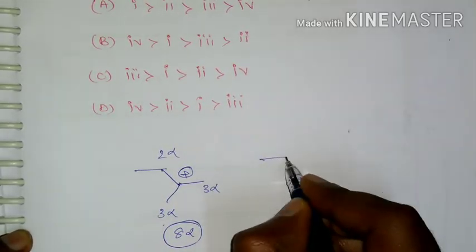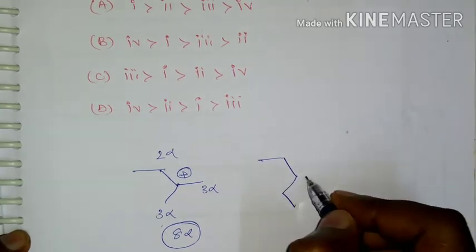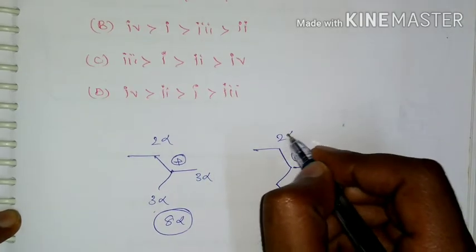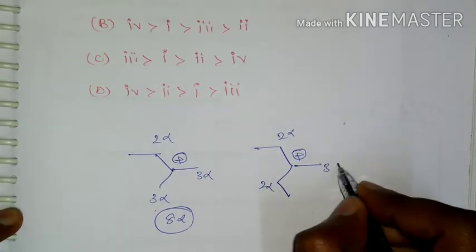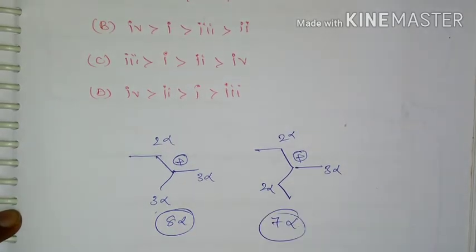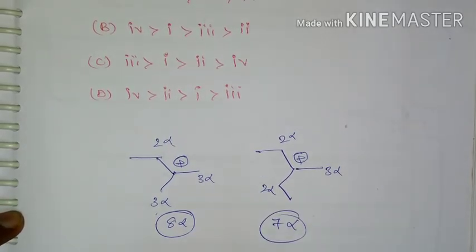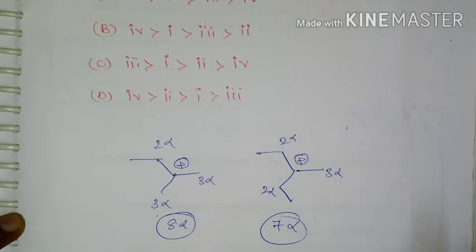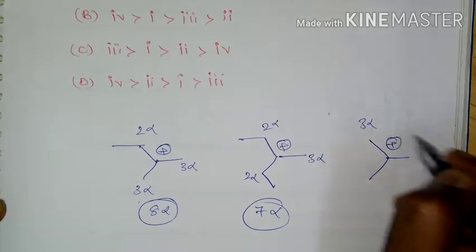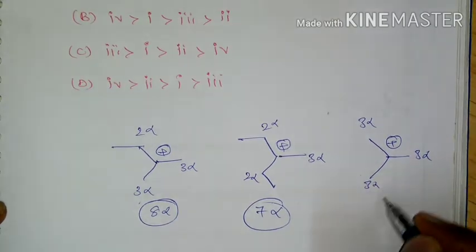carbocation. And if you come for the second, this is also a tertiary carbocation, but we need to see the alpha hydrogens. Here it is having 7 hyperconjugating structures. And if you come for the third, 3 alpha hydrogens, 3 alpha hydrogens, 3 alpha hydrogens.